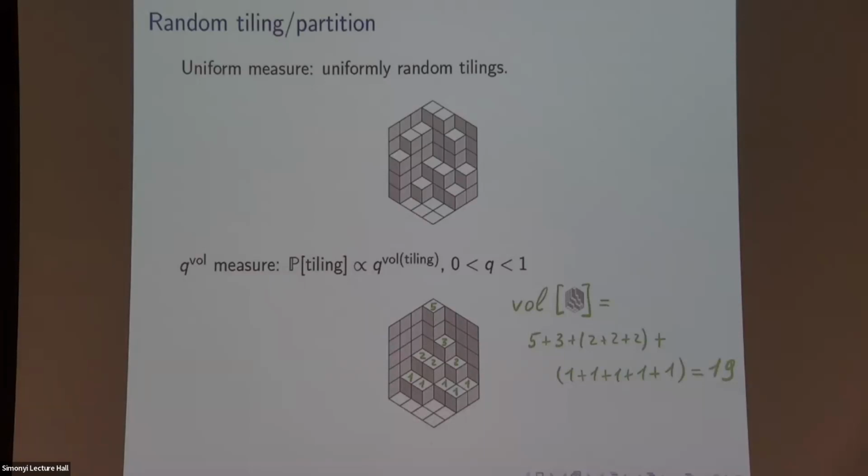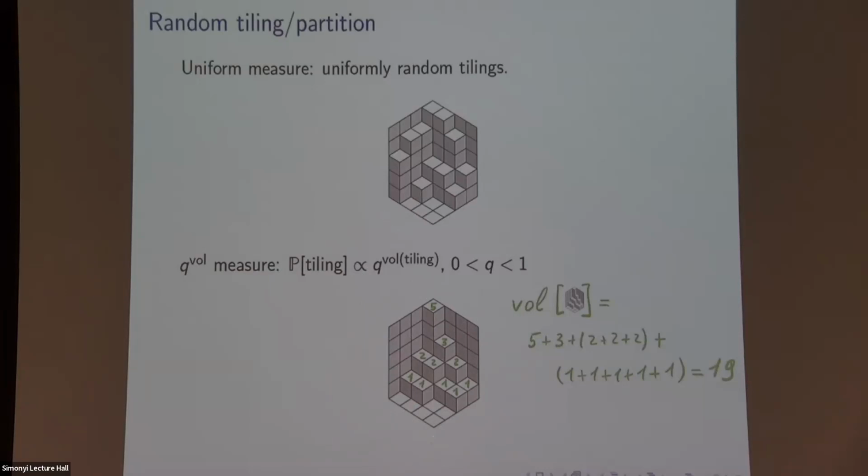So I can introduce a measure such that the probability of each configuration is proportional to Q to its volume, if considered as a stack of cubes. So we just count the number of cubes in the corner of the room. For this concrete case, it is 19, if I count it correctly.